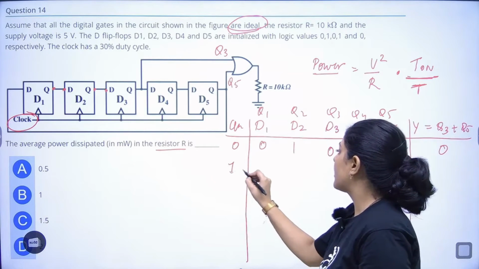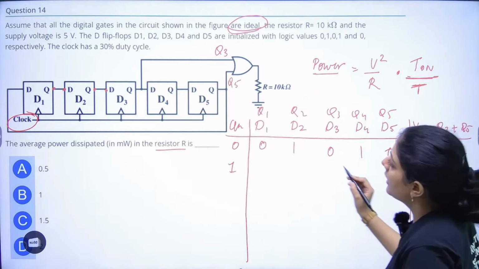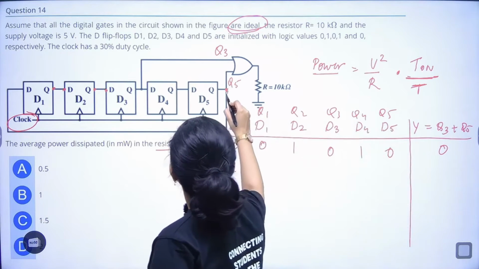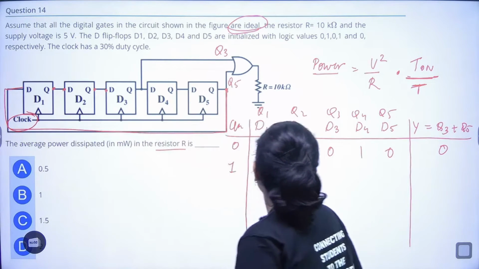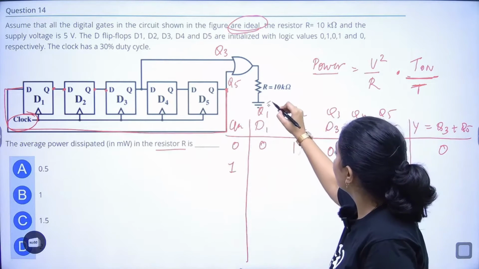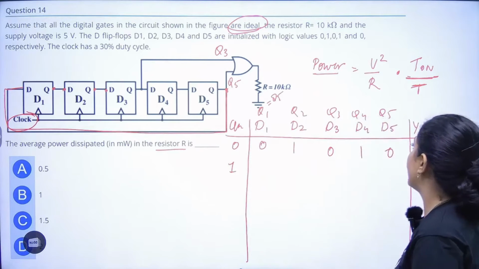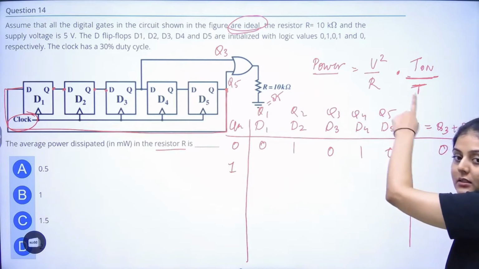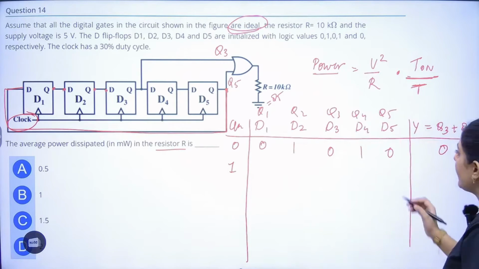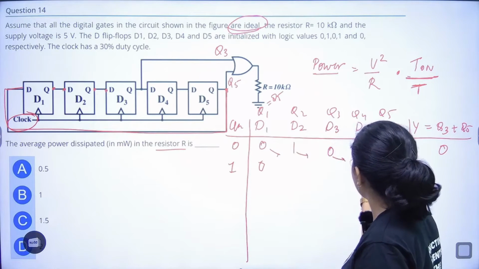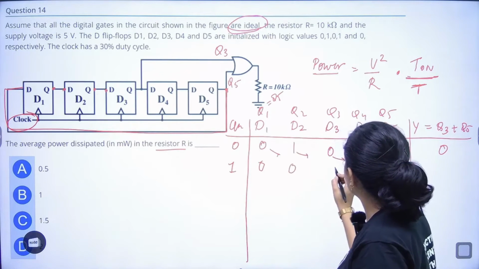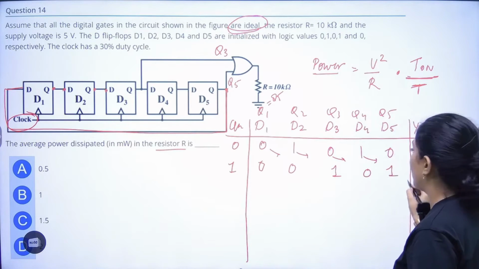In the next clock, this value Q5 will shift to Q1. So Q1 is nothing but equal to Q5 only. So this will come here and these all will shift like this. So 0, 1, 0, 1.